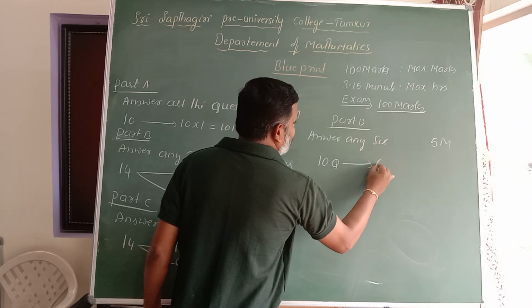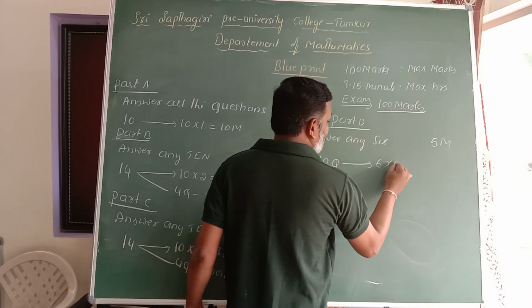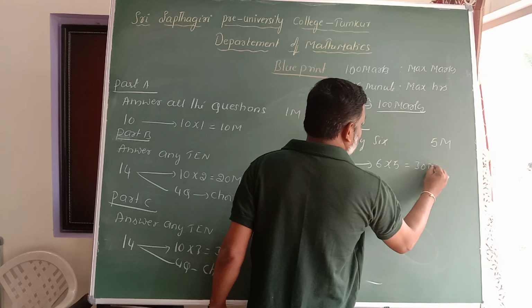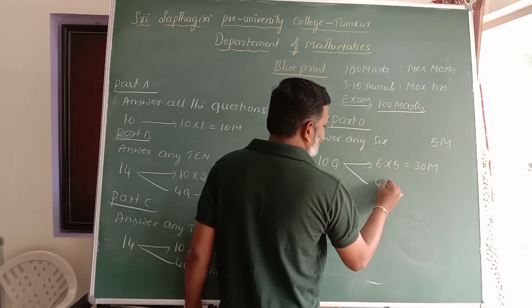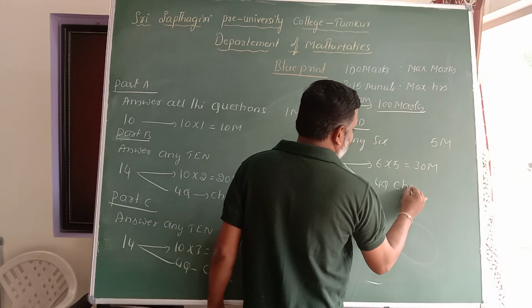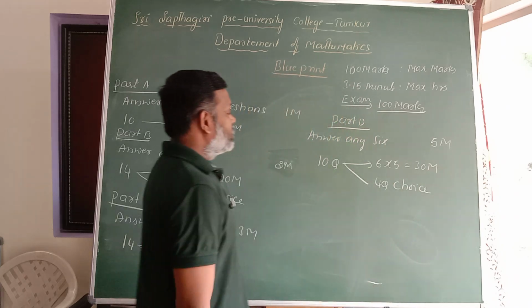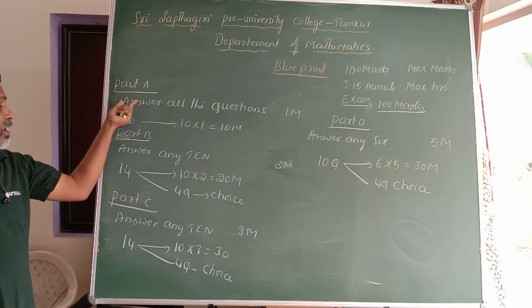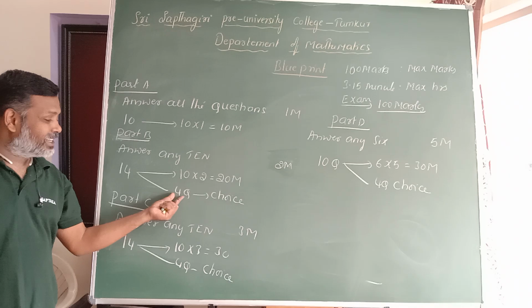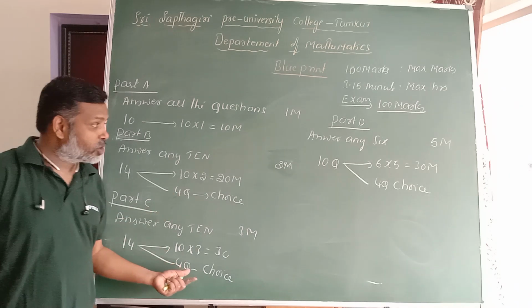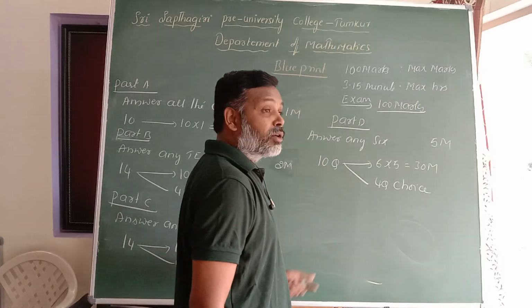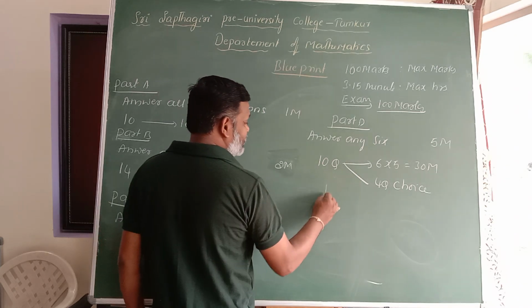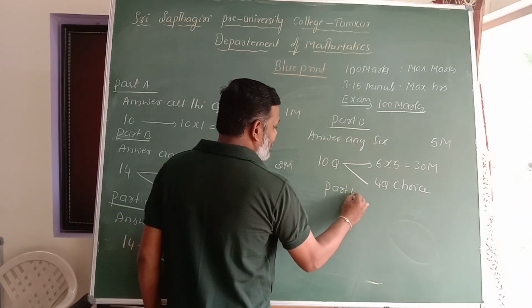You have to attend only 6 questions. 6 into 5 is equal to 30 marks. So the rest of the 4 questions are choice. But it is simple, see. So except Part A, Part B has 4 questions choice, Part C has 4 questions choice, Part D has 4 questions choice, and the last is very, very important, Part E.